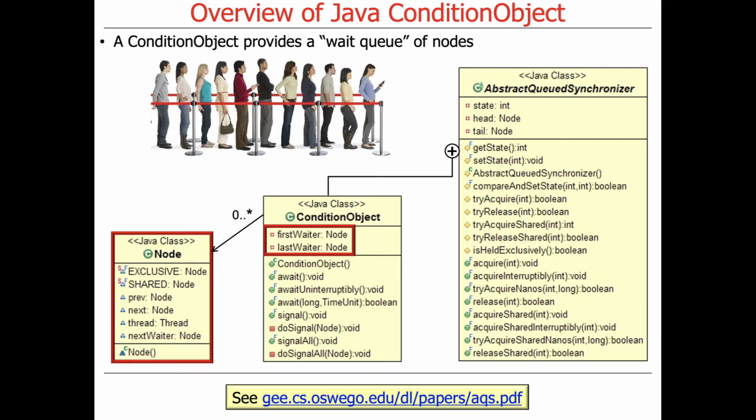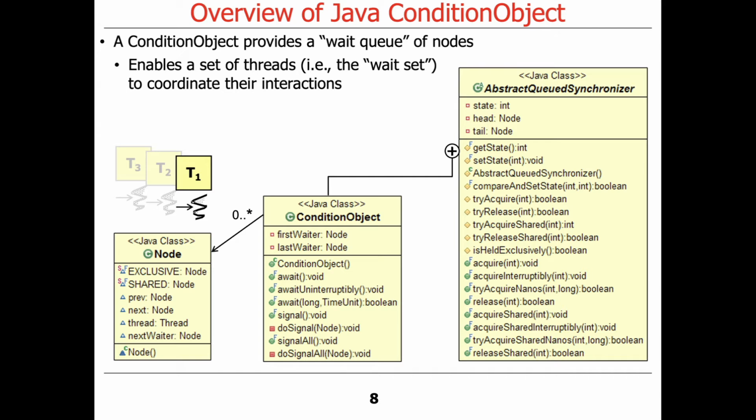And this linked list of nodes, you can see it's a doubly linked list. It's got prev and next pointers. This should take you back to CS 2201 in your data structures training, hopefully, that you got either here at Vanderbilt or elsewhere. This allows the condition object to have a wait queue of nodes. And that wait queue enables a set of threads, which is typically referred to as the wait set.